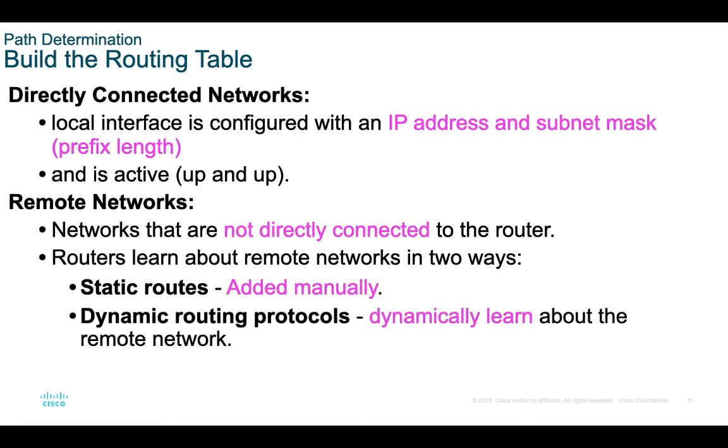For a static route, we add it manually. Provide the command with the network ID and it will be added into our routing table. But for dynamic routing, we just let the router learn from its neighbor, which means from another router. That other router will provide the info for our router and our router will add the entry into our routing table. That's what we call a dynamic routing protocol.